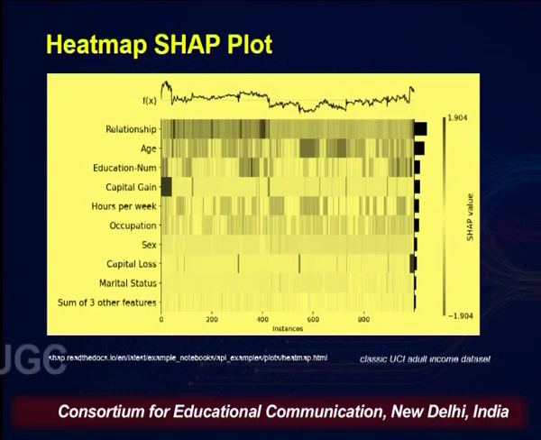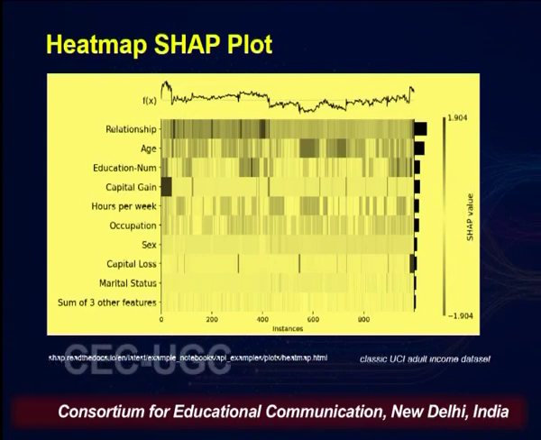We also have the heat map SHAP plot. Again, this is also a summary plot, and it is basically for another data set, not the soil data set. So here we have different attributes, the age and where a person belongs to, and different factors that are taken as the input features on the vertical axis, and the prediction is whether the income is high or low.